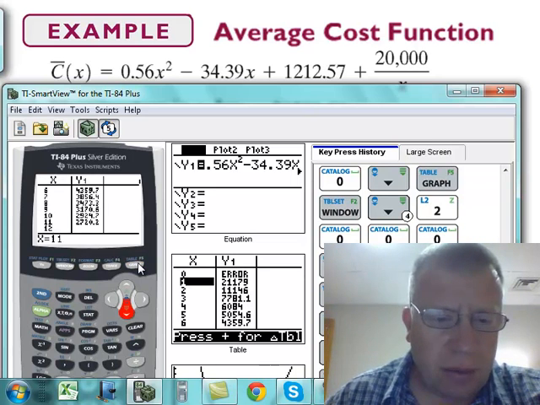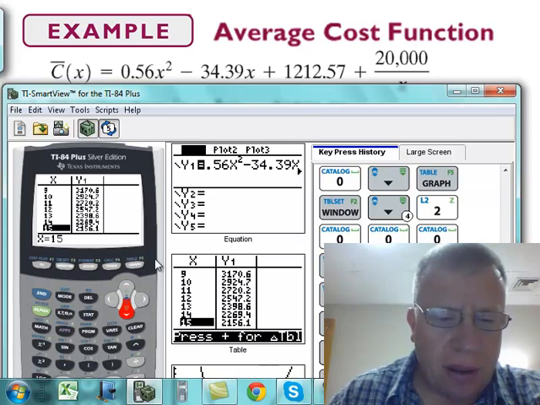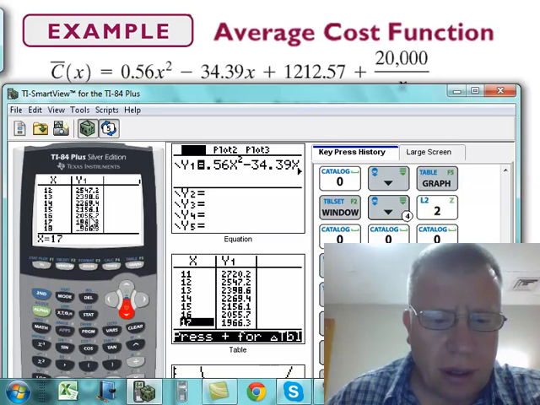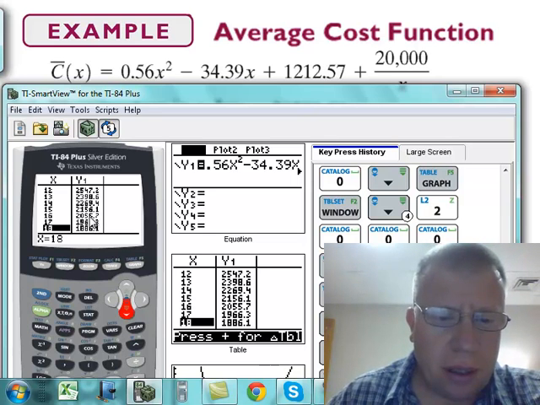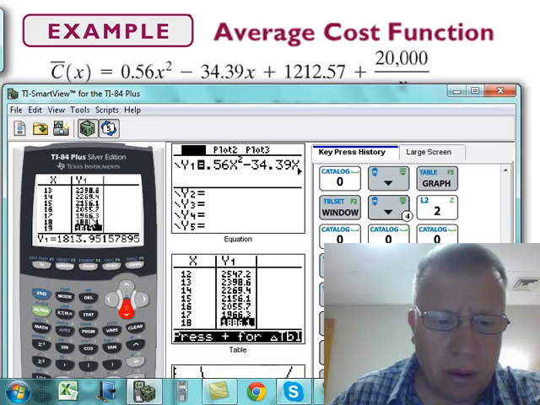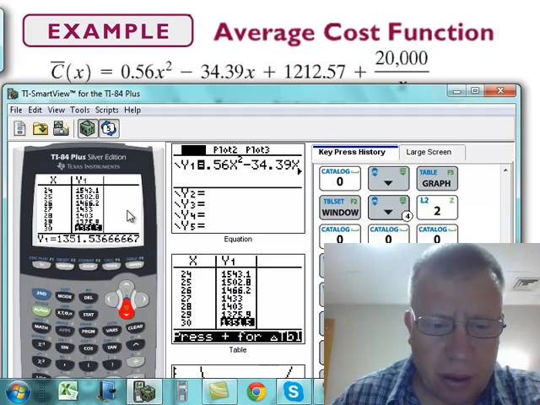And we could just scroll on down and keep an eye on the cost over here in the Y1 column, and look to see where that minimum cost is. See where it bottoms out.